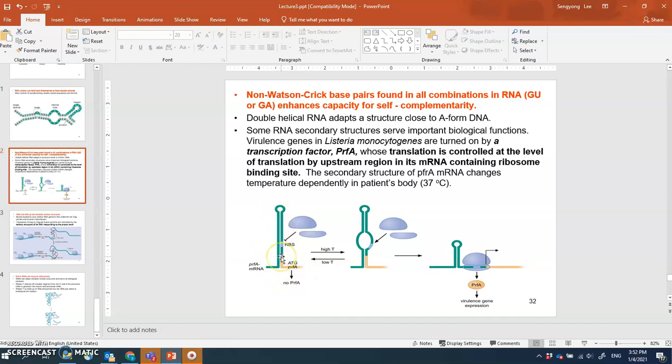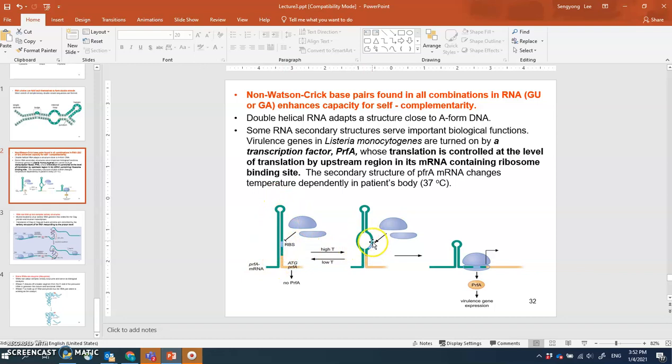However, under certain conditions. What is the condition? High temperature. Let's say this infectious bacterial cell is infecting a human, for example. The infection normally causes what? High fever. If there's high fever in the body, the high temperature will break up this loop, especially around that area, because the hydrogen bonds are broken up. So then this secondary structure of the RNA is changed to this form.